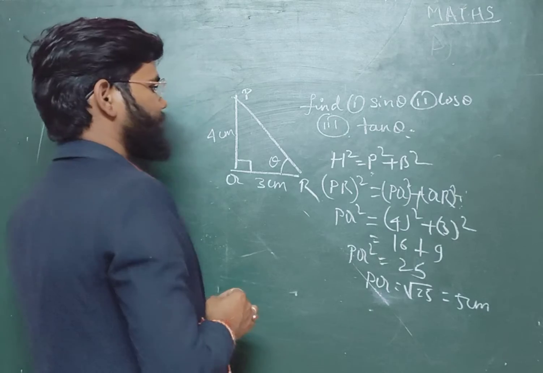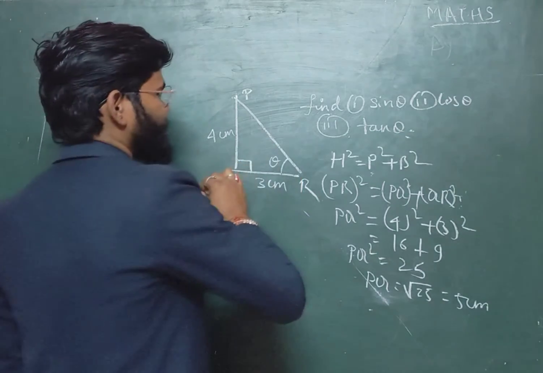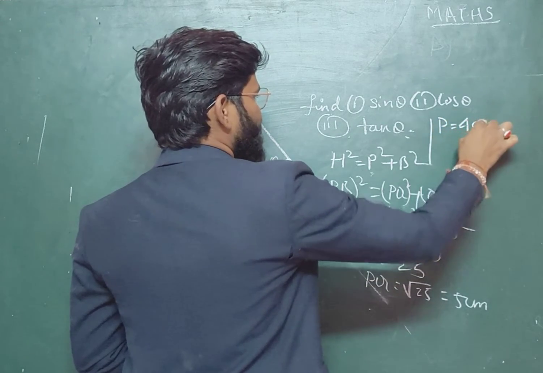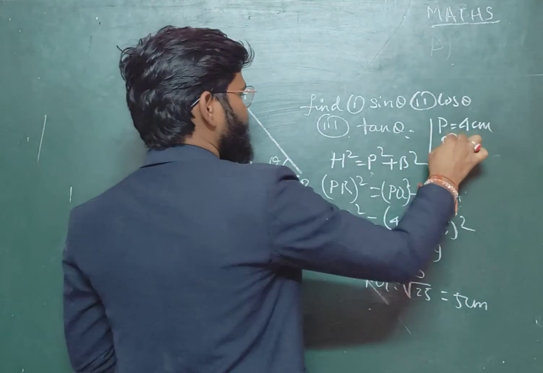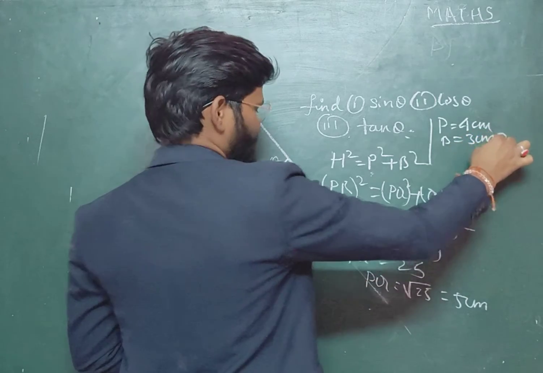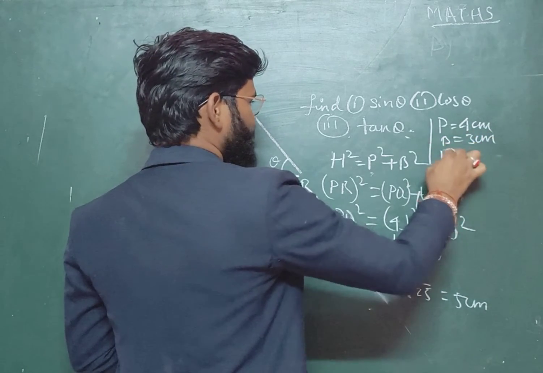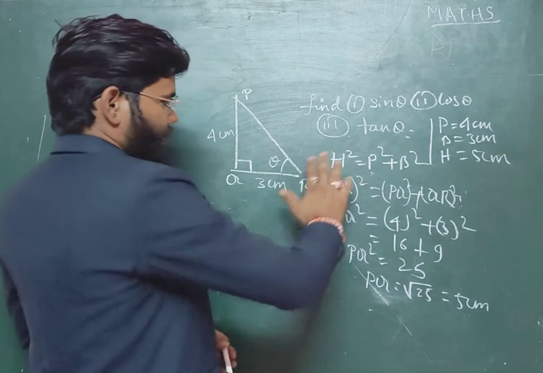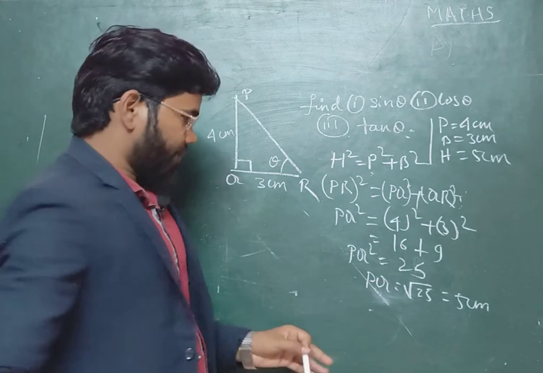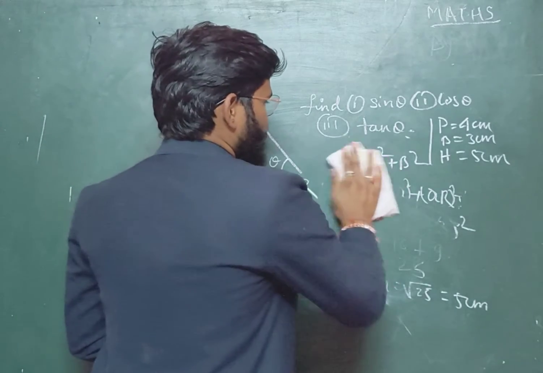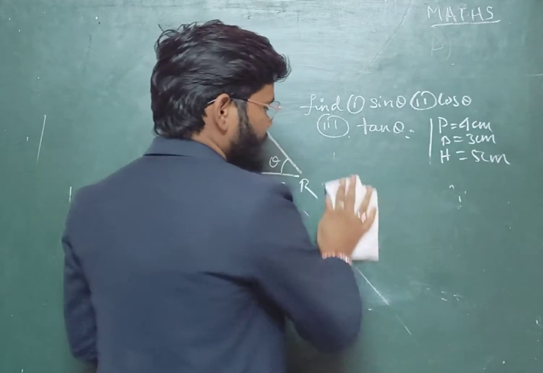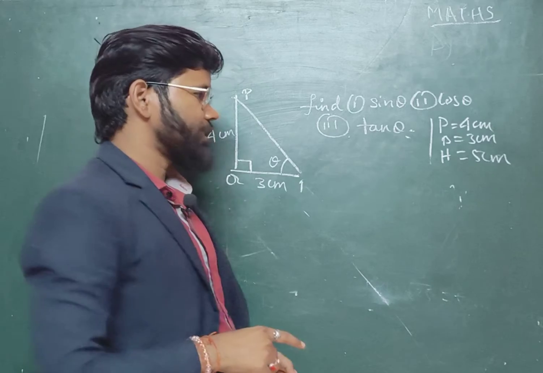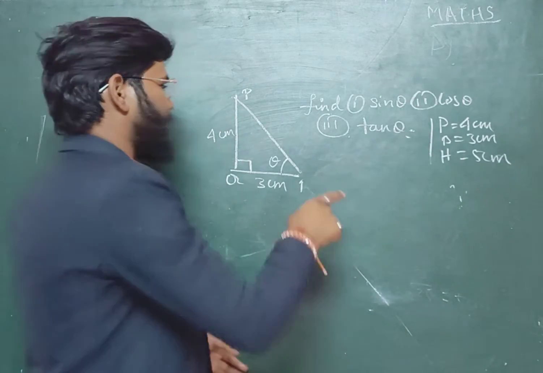So here we can see that in this triangle the value of P is 4 centimeter, the value of B is 3 centimeter and the value of H, the hypotenuse, is 5 centimeter. Now I want to erase this, and then we will see here that with the help of that process we can find the value of H, and that H is what?